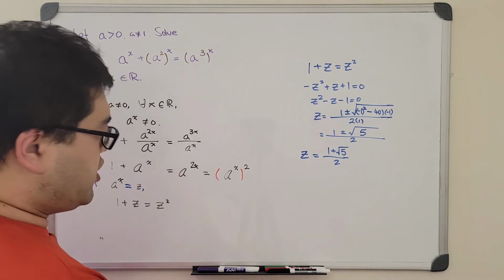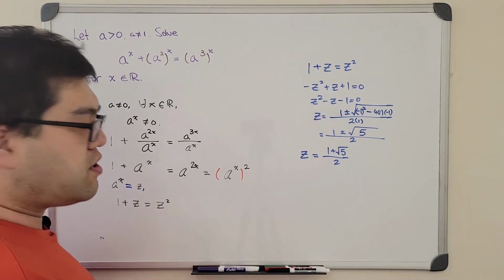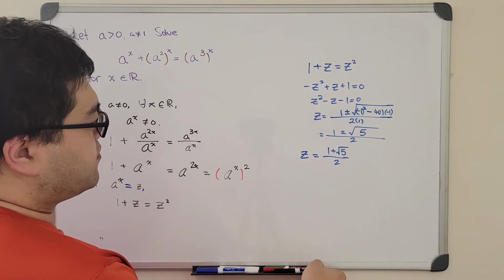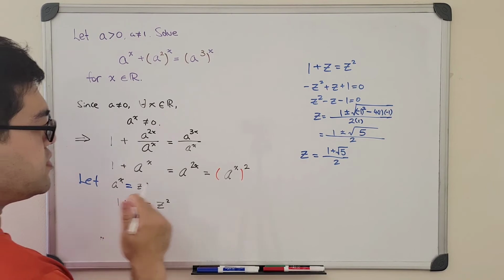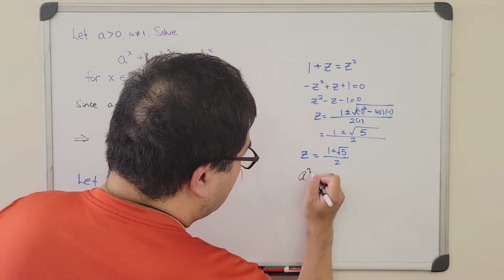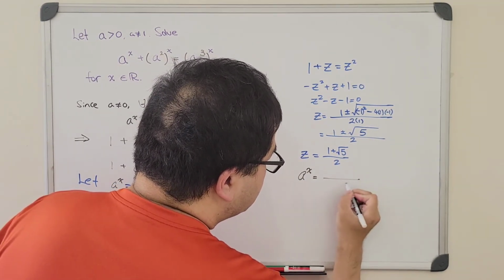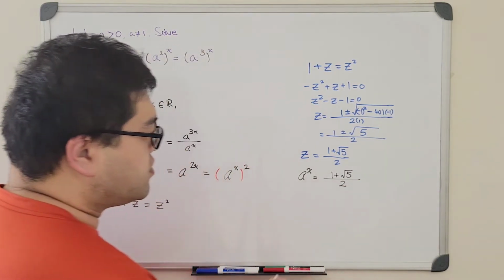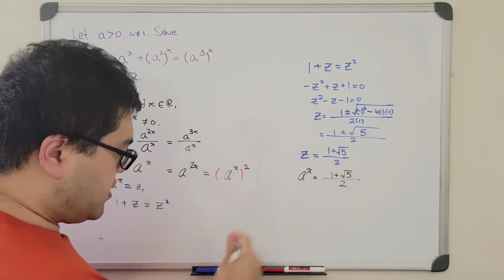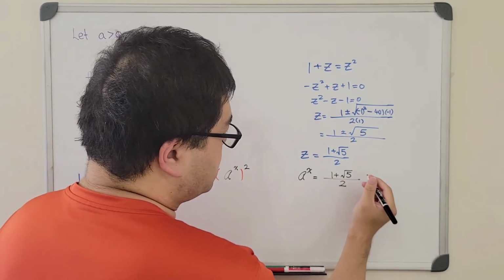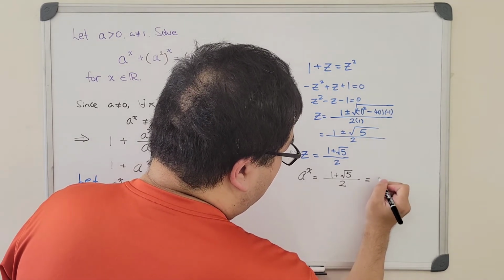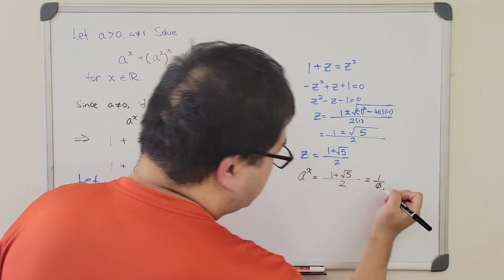And again, we're not done yet because we need to solve for x, not just for z. So finally, we're going to substitute back in a to the x power equals 1 plus radical 5 over 2. And again, if you pay attention carefully, this is also known as the golden ratio.